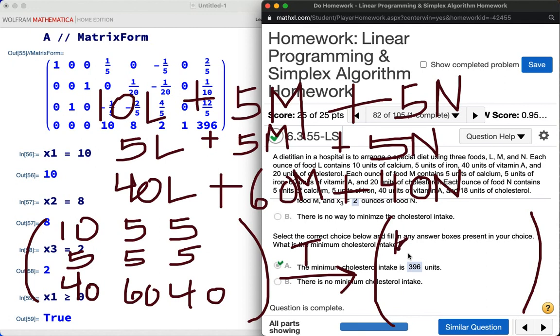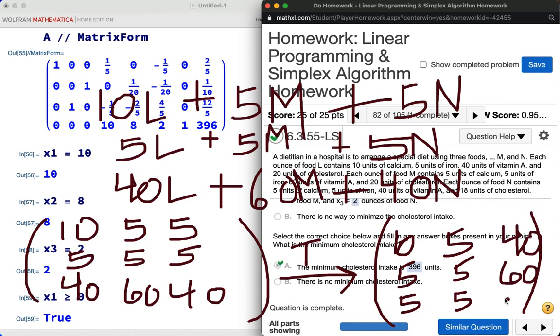So you're going to have 10, 5, 5. Then the second row becomes the second column. So you're going to have 5, 5, 5. And guess what happens to the third row? It becomes the third column. So then you're going to have 40, 60, and 40.